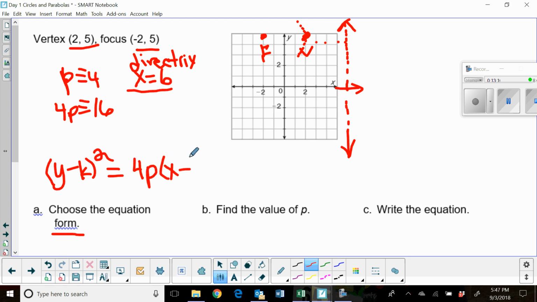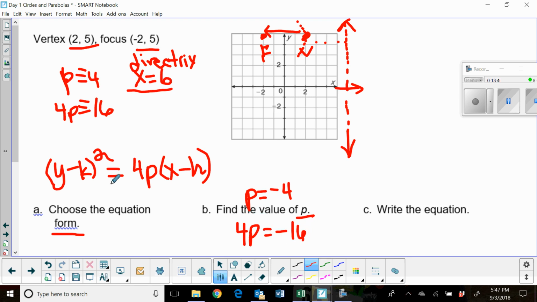That's my choice of equation because it's a left facer and it is not at the origin. Now, we found the value of P. We said P was -4, and the reason it's -4 is we're going from the vertex to the left 4 steps. If we went to the right, it would be +4, but it's -4. So for the equation, we need 4P, so we're going to use that -16 in the equation.